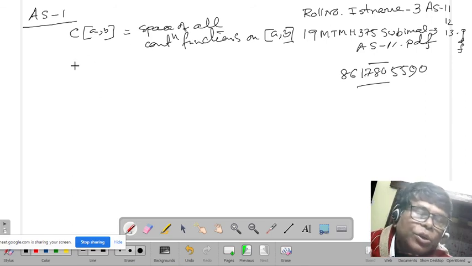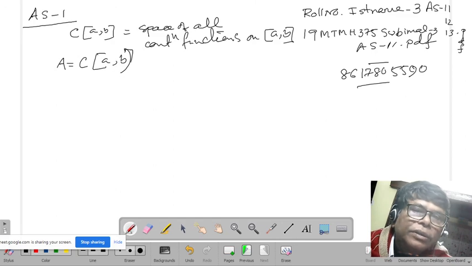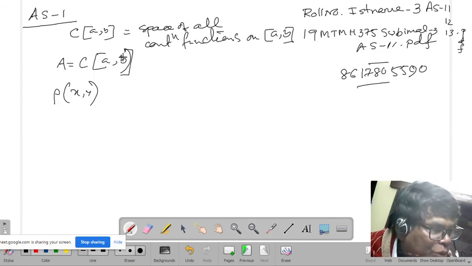So let us denote it, and this is our set, C[A,B], and rho(x,y), where x is a function belonging to this set, and y is also a function belonging to this set.